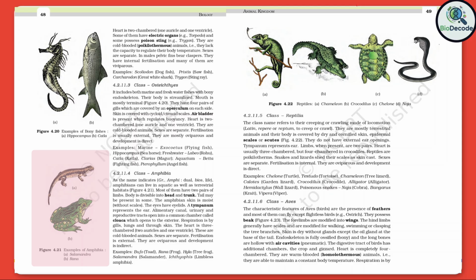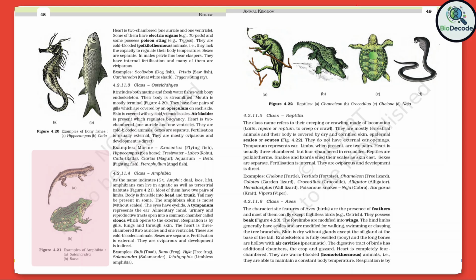A. Salamandra, B. Rana. This figure depicts members of class Amphibia, representing the first vertebrates to live both in water and on land. A. Salamandra, salamander, a lizard-like amphibian showing tail retention in adults and smooth, moist skin essential for cutaneous respiration. B. Rana, frog, common amphibian adapted for dual life.